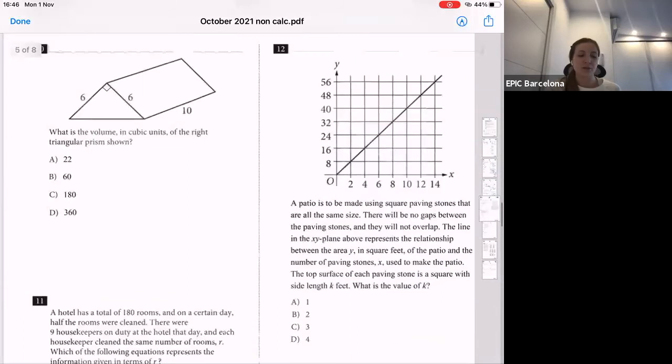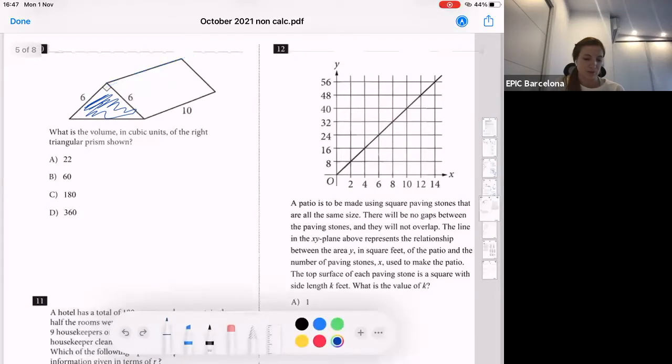Okay, number 10. What is the volume in cubic units of the right triangle prism? Triangle prisms: it's going to be the area of this multiplied by this, which is the height of the prism. All you really have to do for this one, it is a 45-45 right isosceles triangle, but irrelevant to really solving this.